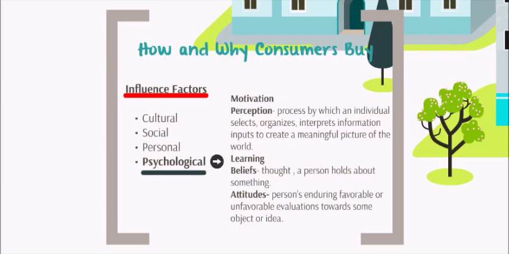And attitudes, a person's enduring favorable or unfavorable evaluation towards some object or idea. Now these are four important factors which influence consumers in the market, and they influence the purchasing process of consumers.